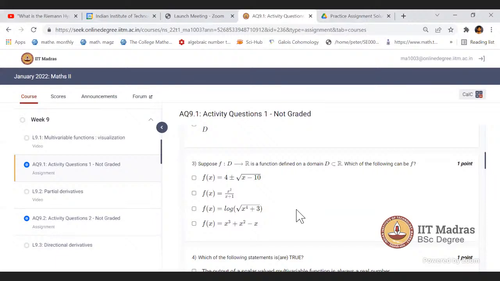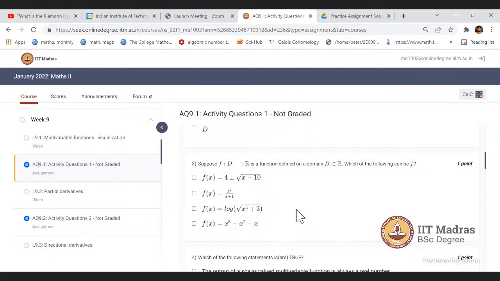Why is the first one not correct? If you take x less than 10, then it becomes a complex number. No, that is not the issue. Like if you take f of 10, sorry, f of 11, what will you get? Two values. Yeah, that is the problem. This cannot be a function. That is the reason.